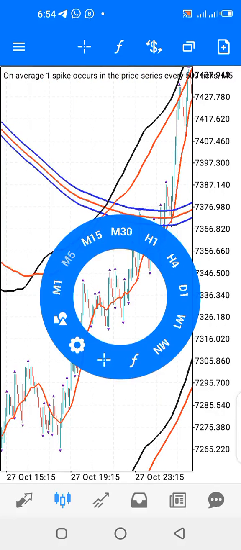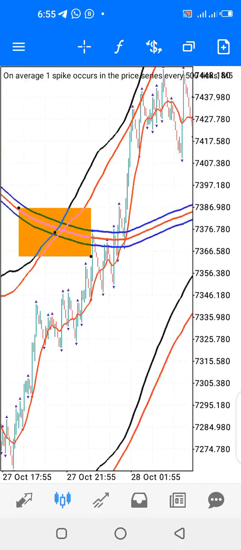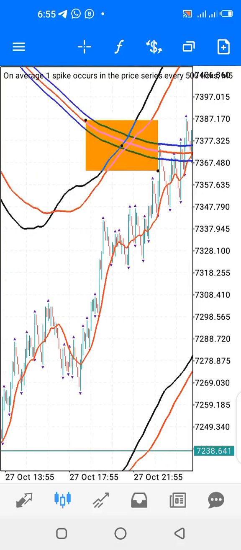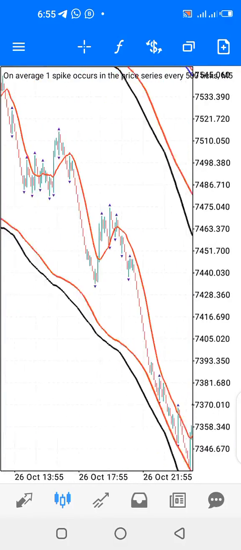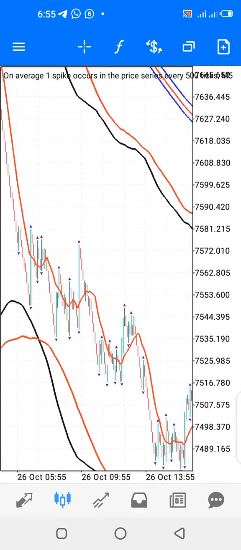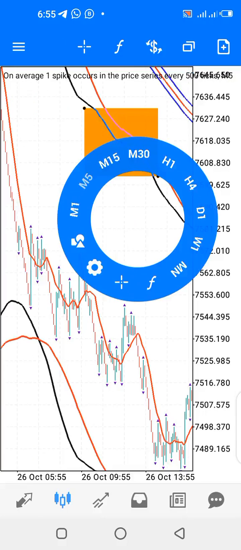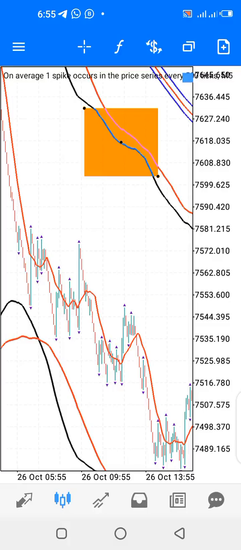Our upper band crossed the 200 moving average around there to give a confirmation that the downward trend has come to an end. Okay, but let's look at where the downward trend started from. Look at these, our upper band, and this is the 200 moving average.